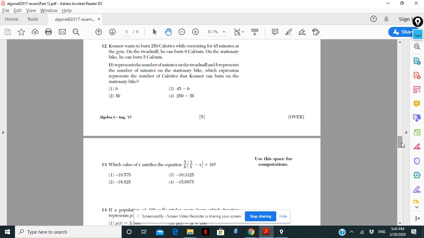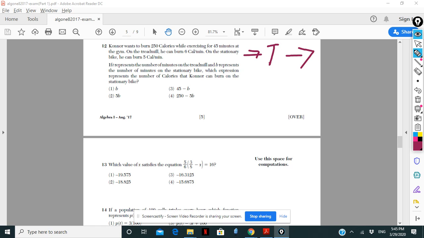So what I have so far, I have two variables, one for treadmill, which is represented by T. So T times the calories, and for the bike, it's 5 per B. So that's the rate of change. That's for treadmill. That's for bike.